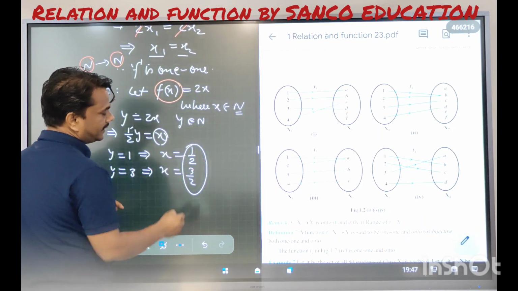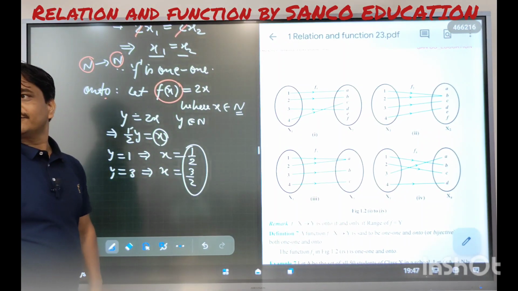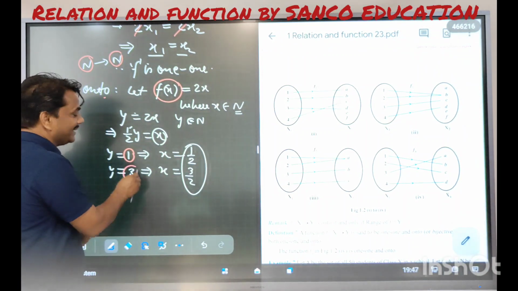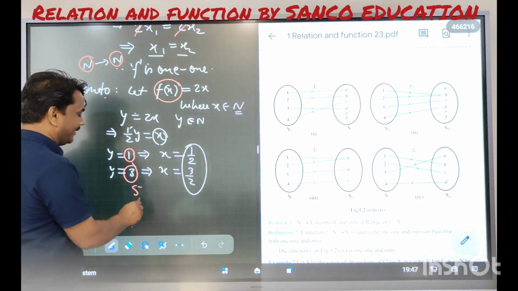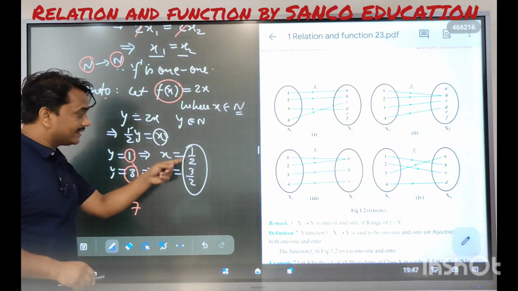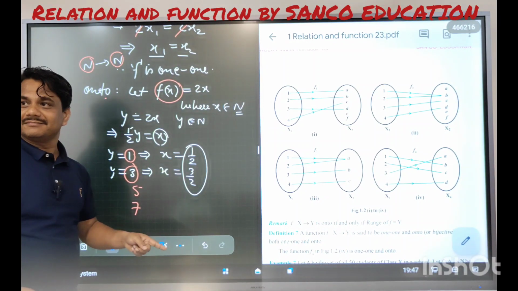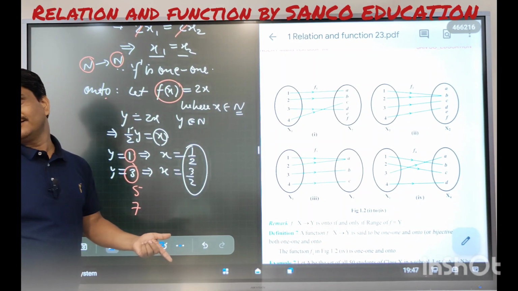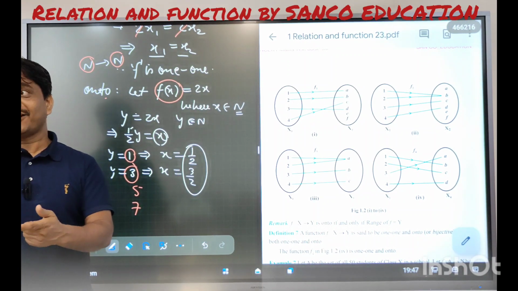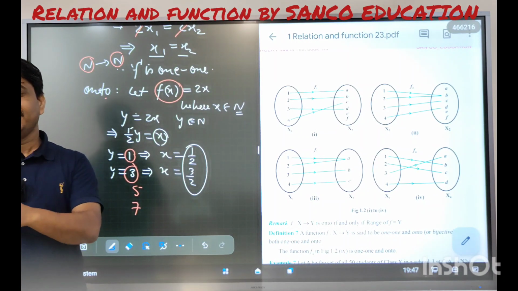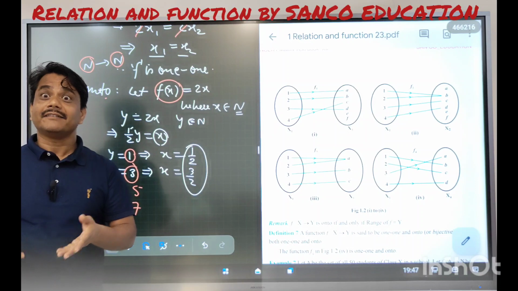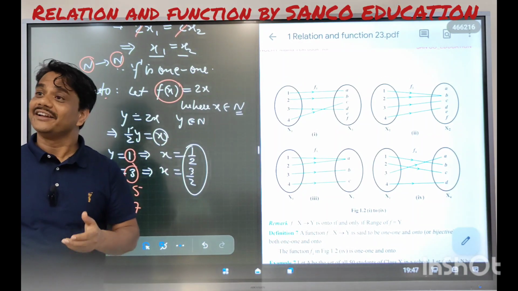Are these natural? No, they are not natural. It means when y is 1, 3, 5, 7, for these y, whatever x pre-image comes is not natural. It means there are some y which do not have a pre-image. It means all y are not engaged. Some y are vacant.